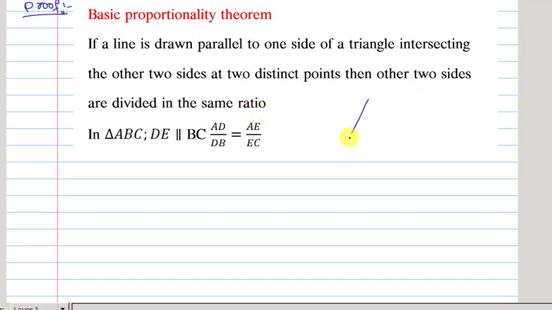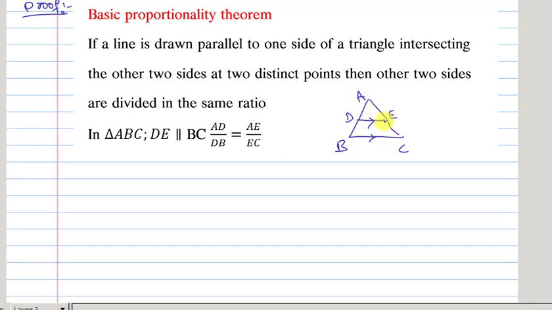If you take a triangle ABC, and if I draw a line DE parallel to BC, then DE divides the other two sides AB and AC in the same ratio.